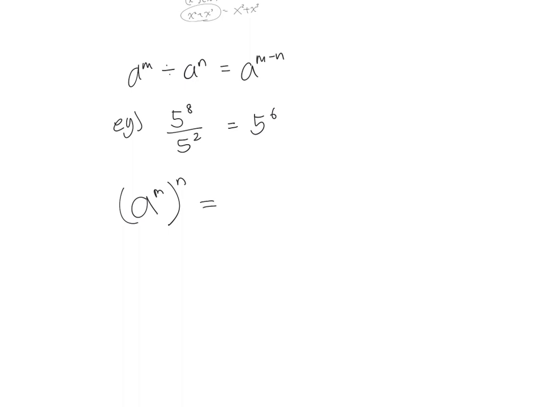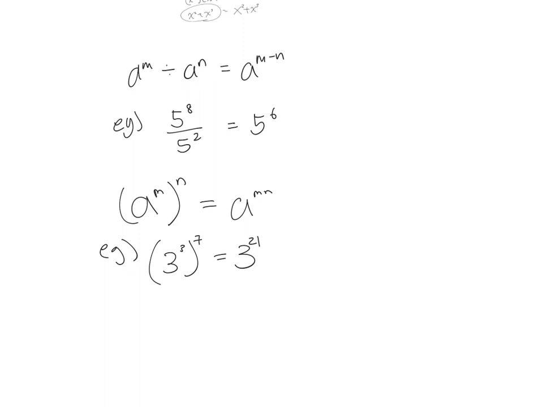With this I need to multiply m and n. This ends up being m times n, and I just have a to the power of mn. An example with numbers would be if I have 3 to the power of 3 and I raise it to 7, I just multiply 3 and 7 together. I keep my base. 3 times 7 is 21.